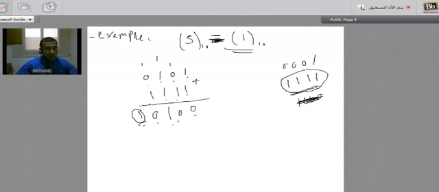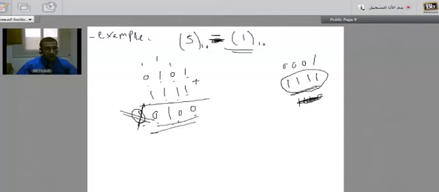Now remember this rule: in the two's complement, if you have an overflow, you ignore it, not like the one's complement. The rules are different. In the one's complement, if you have an overflow, you add it back to the result, while in the two's complement you just ignore it. So concentrate on the actual number.